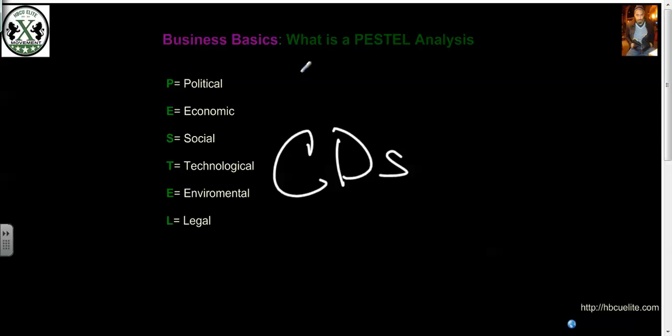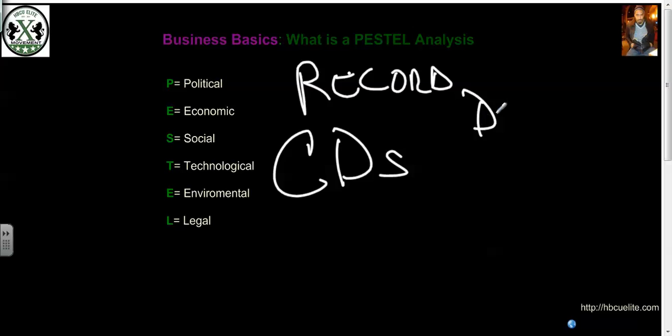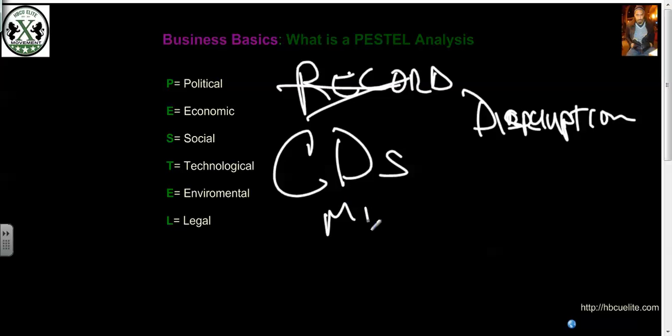Remember, before then, you actually had records, okay? But what's called a disruption or a new technology came along, and all of a sudden records became obsolete. And when MP3s came along, CDs became obsolete.